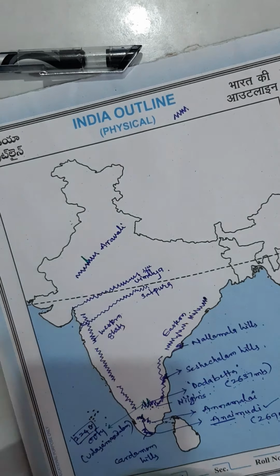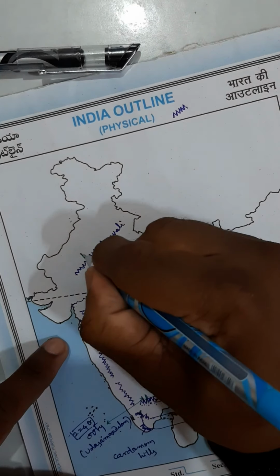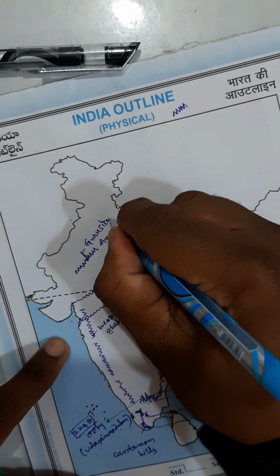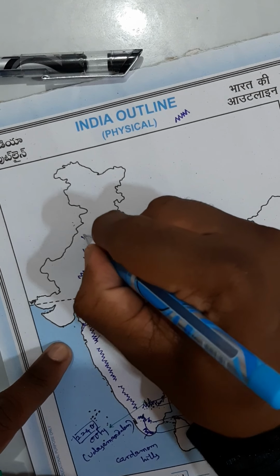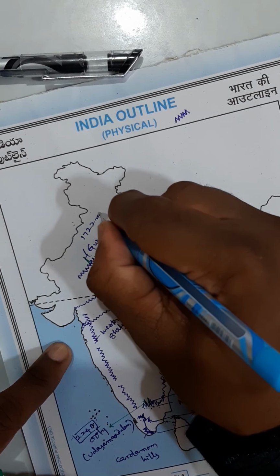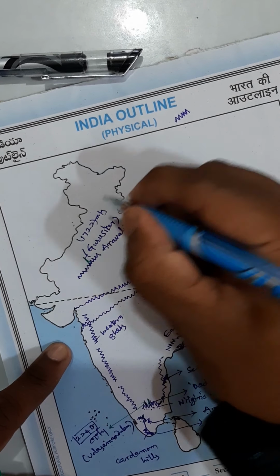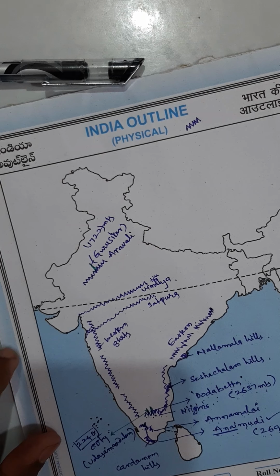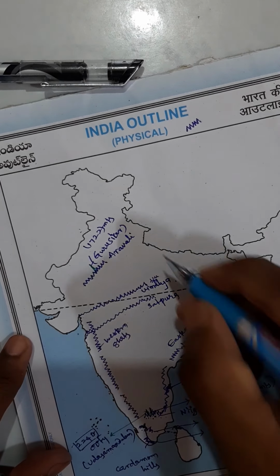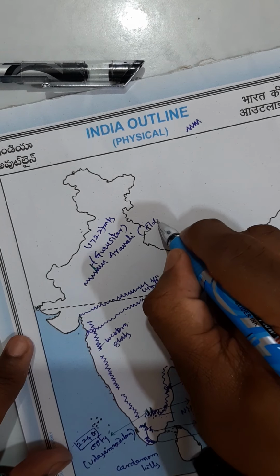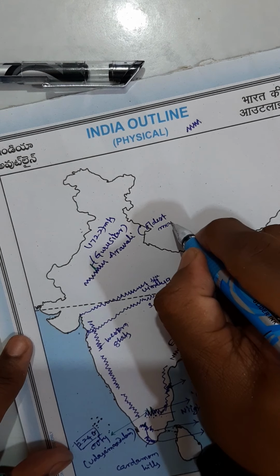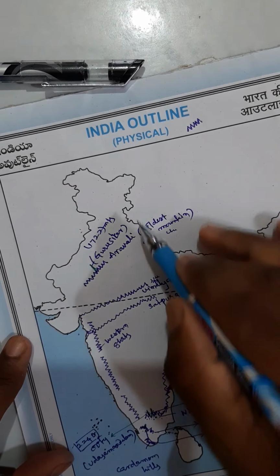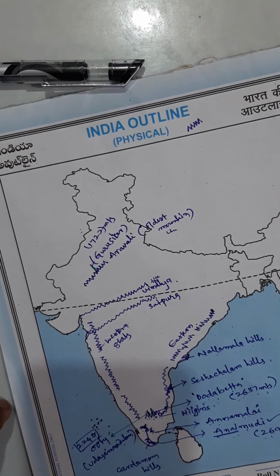The highest peak here is called Guru Sikar, with a height of 1722 meters. 1722 meters is the highest peak in the Aravalis. And remember, the Aravalis are the oldest mountain chain system in India. Youngest is the Himalayas. Later we are going to discuss that.